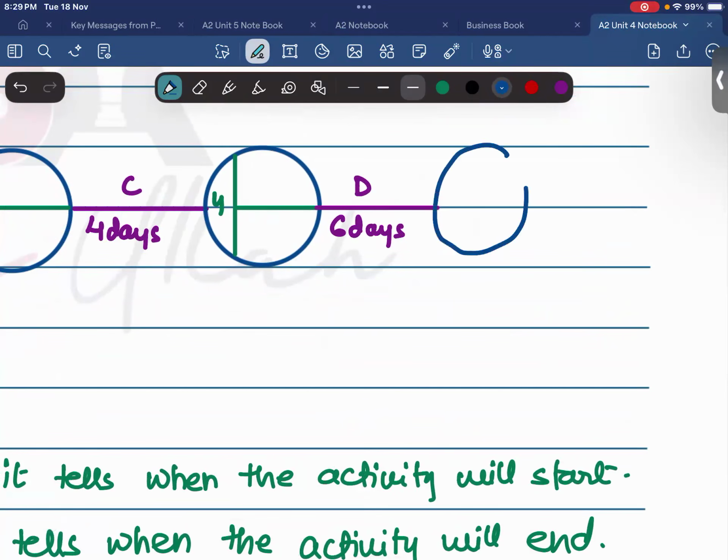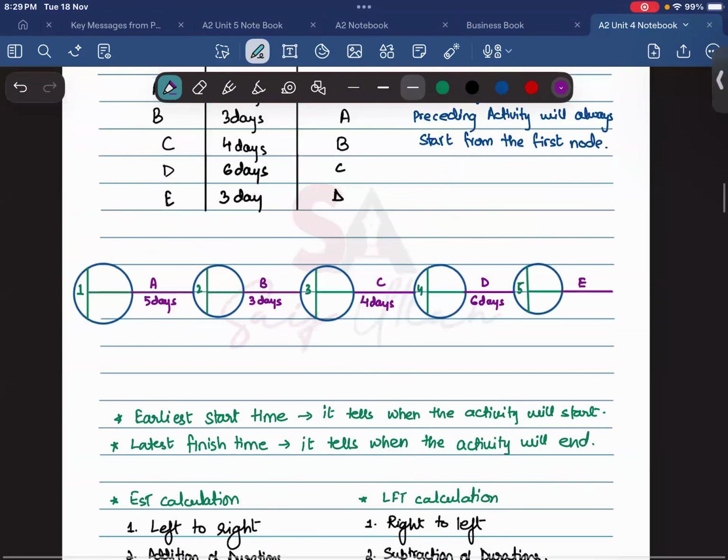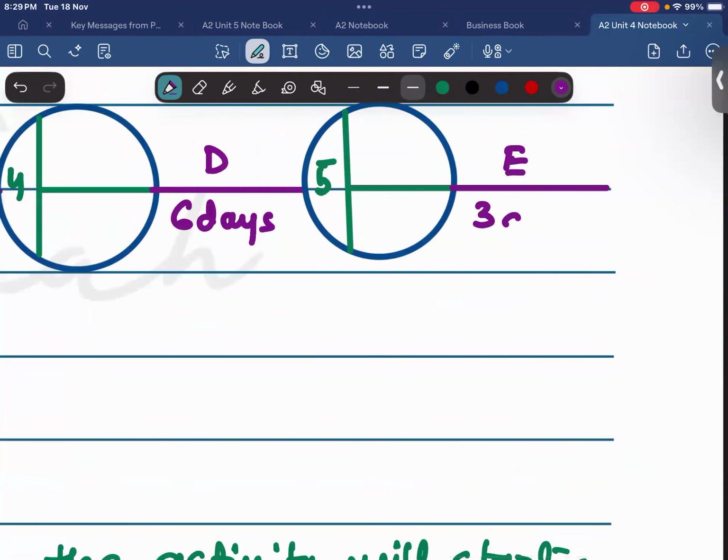So this is our node number 5. And from here, we are going to start activity E, which has a duration of 3 days.